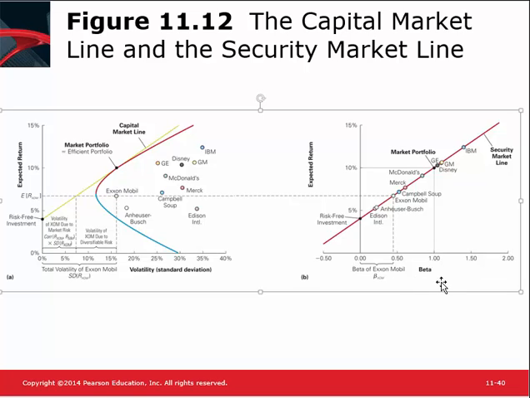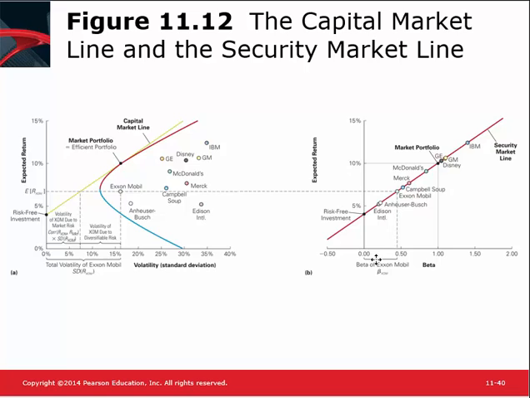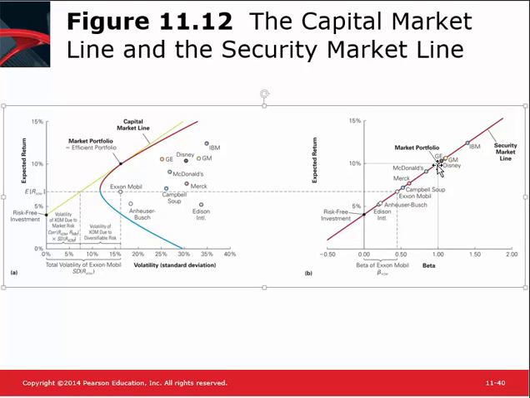Down here, for risk, we're talking now about beta. So wherever beta is, that's where the market portfolio is going to be located, because that's where the capital market line says the market portfolio is.